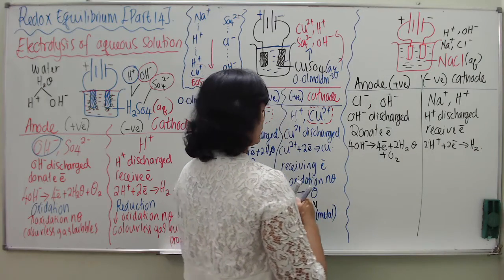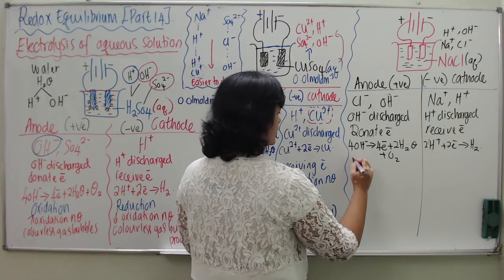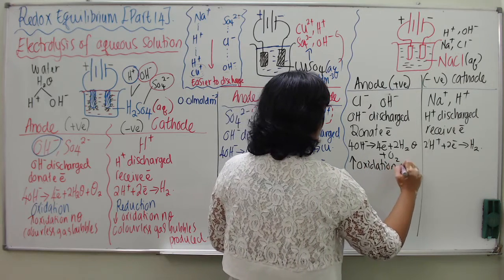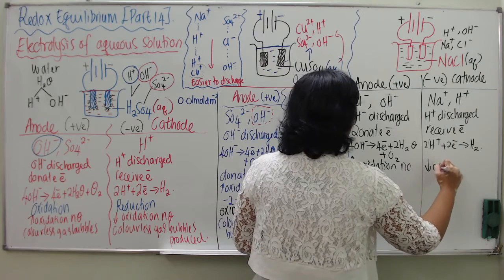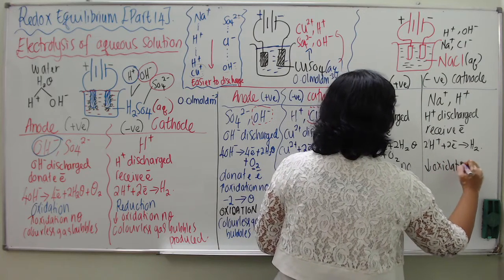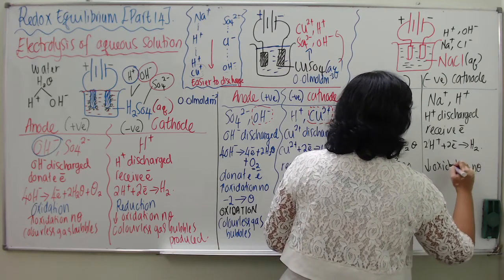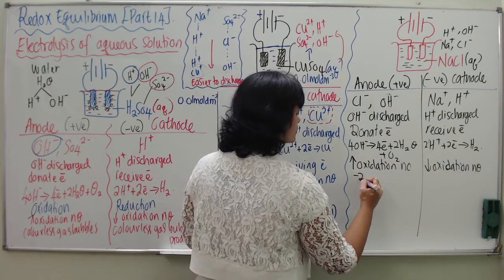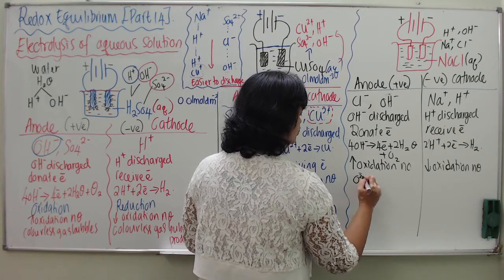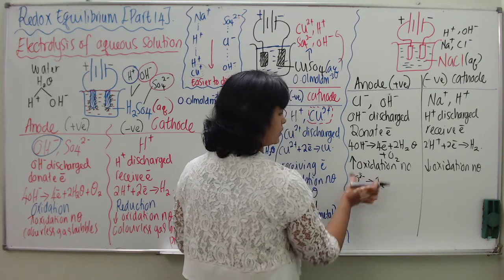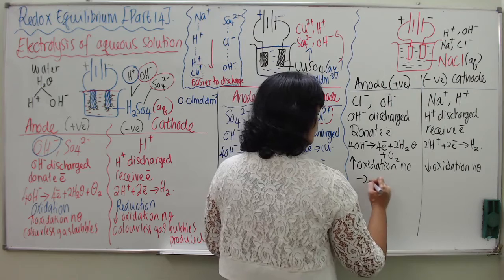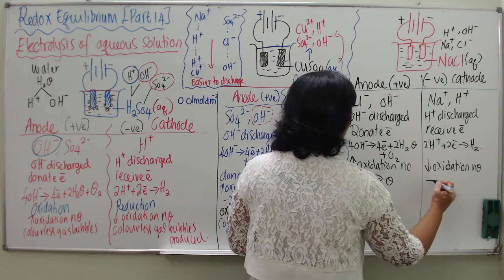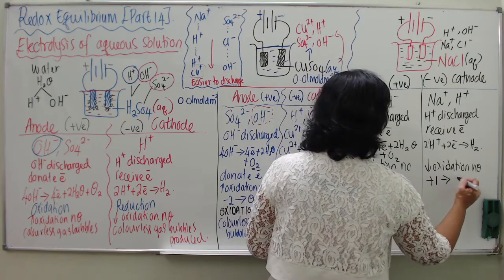Right? Now, let's go to increase in oxidation number, decrease in oxidation number. Who increases oxidation number? Actually, the oxide ion goes from O2 negative to O2, something like that. So oxygen goes from negative 2 to 0, hydrogen from positive 1 to 0.